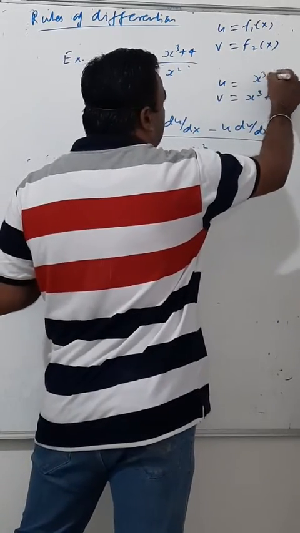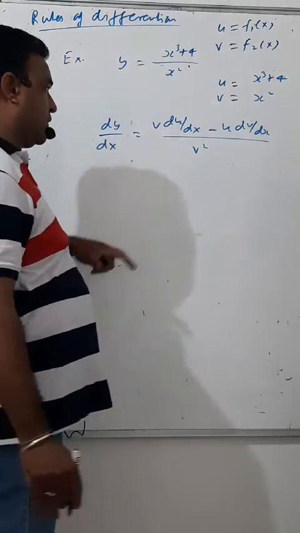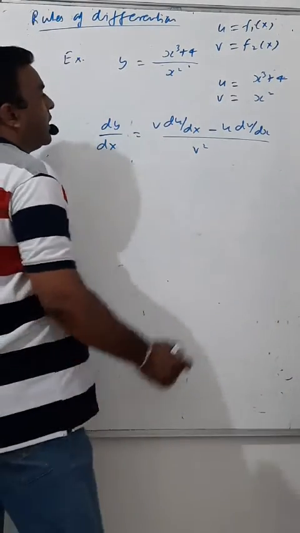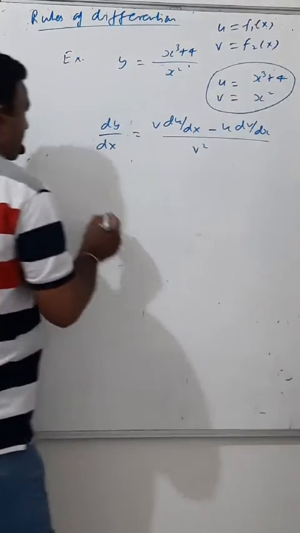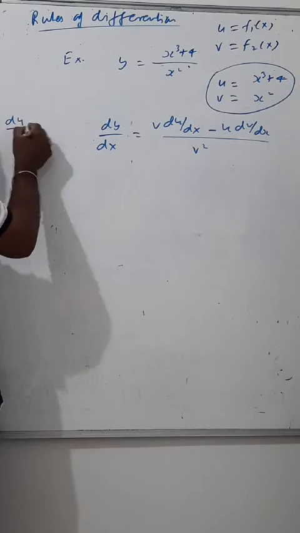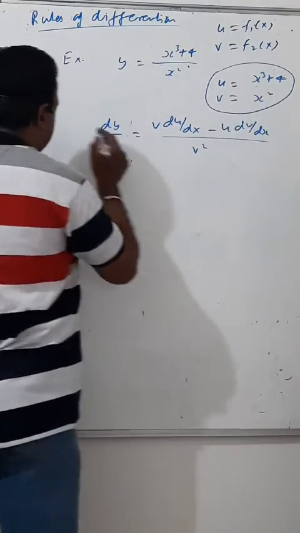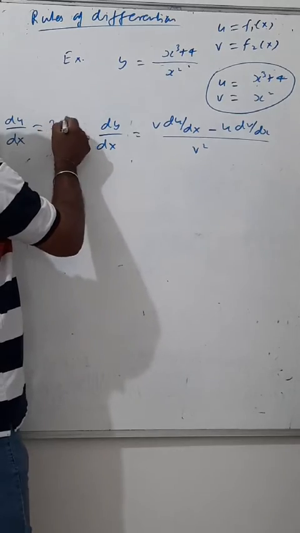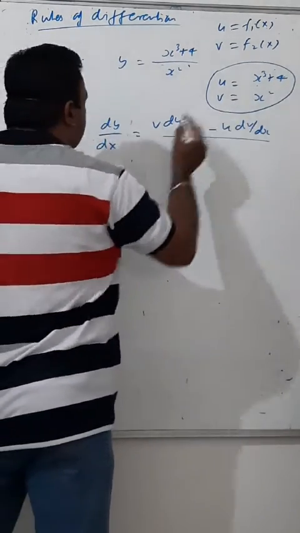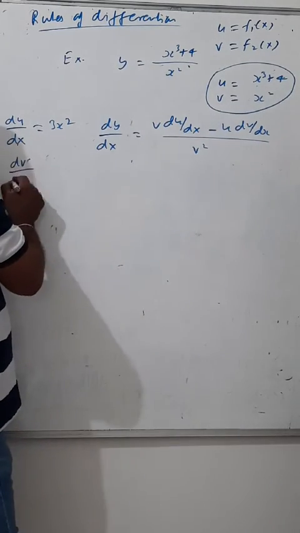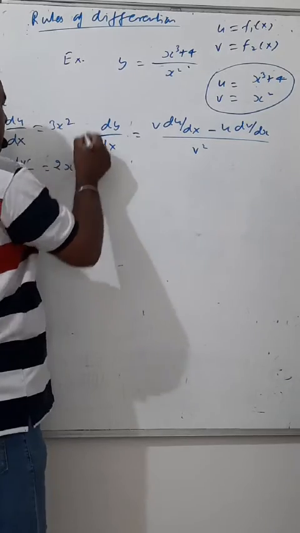Take the denominator, which will be free of any constant. Well, now do one thing here. You calculate du by dx. Differentiate it, it will become 3x square. Differentiation of 4 becomes 0. dv by dx is equal to 2x.